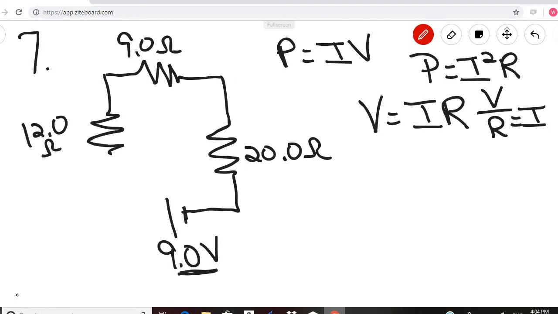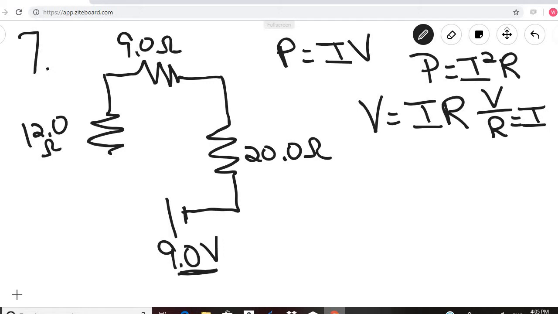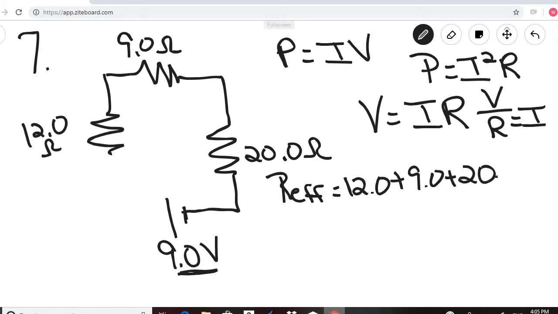So all we need to do to get the resistance is get the sum. So our effective is going to be equal to 12.0 plus 9.0 plus 20.0, and the units are ohms. So our effective is equal to 41 ohms.